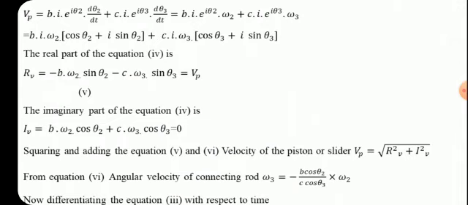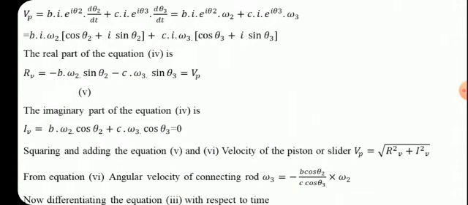Taking the real part of equation 4, since i squared is equal to minus 1, we get minus b omega 2 sin theta 2 minus c omega 3 sin theta 3.